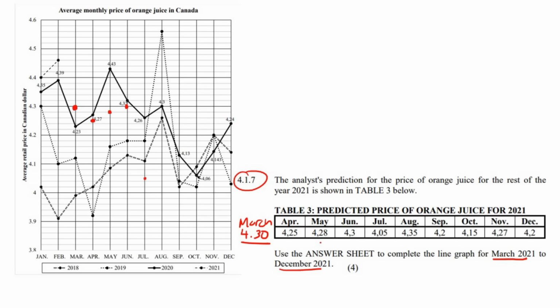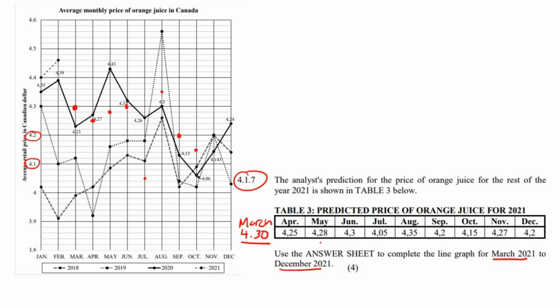Okay. August, 4.35, which is exactly between 4.4 and 4.3. And that's for August. Okay. September, 4.2. There. October, 4.15. 4.15 is exactly between 4.1 and 4.2, and that is for October, so that would be over there.